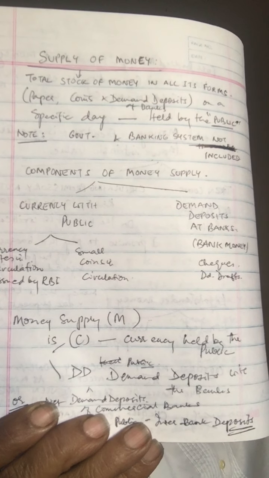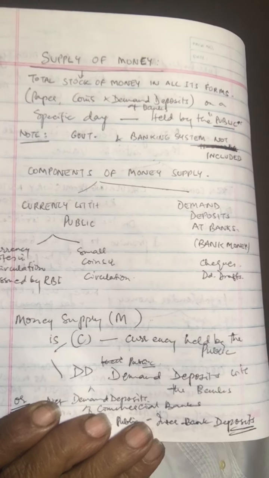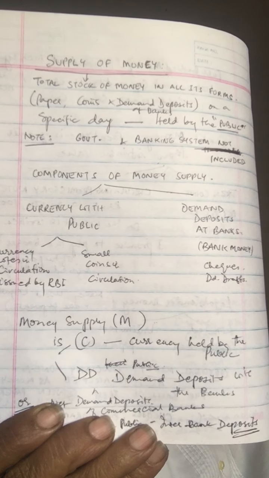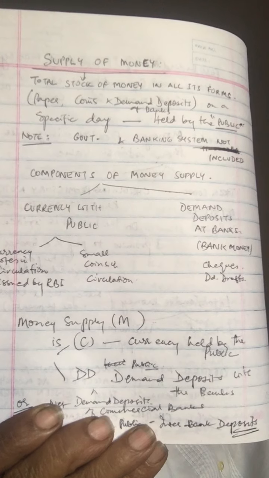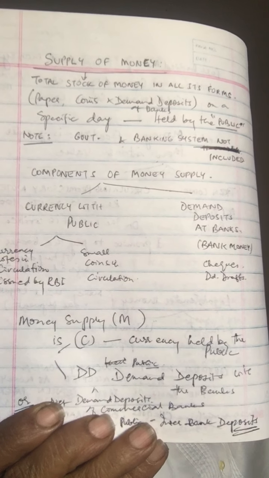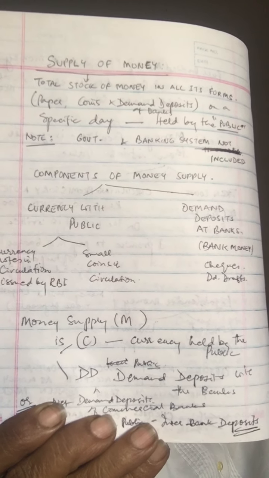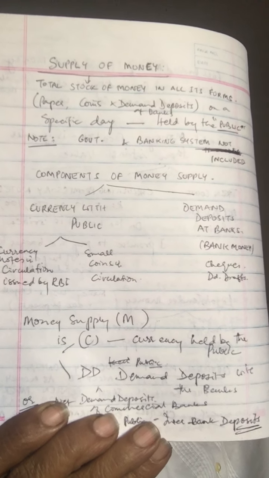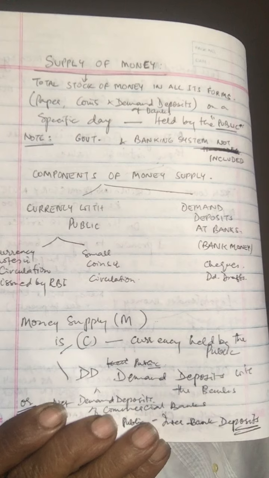Checks make these demand deposits a medium of exchange, because with these checks money can be transferred to others for making payments, to those from whom you have purchased goods and services.